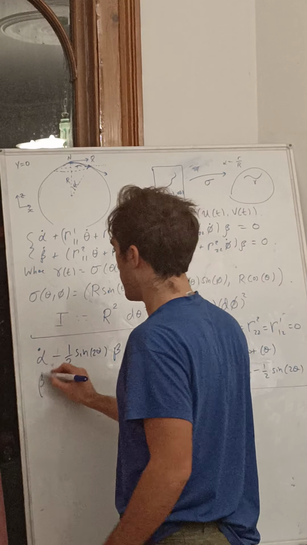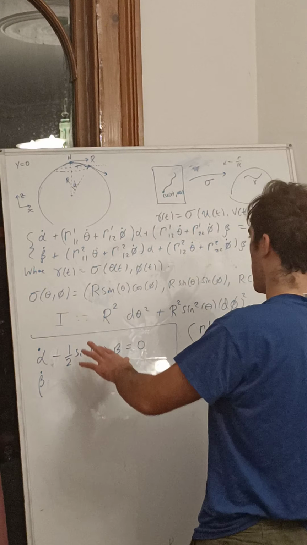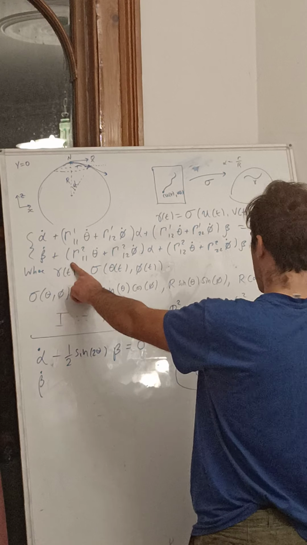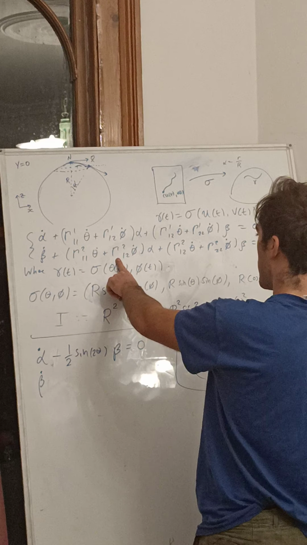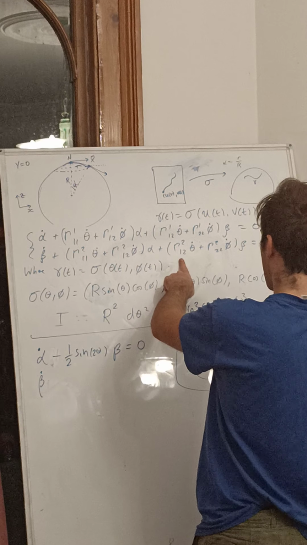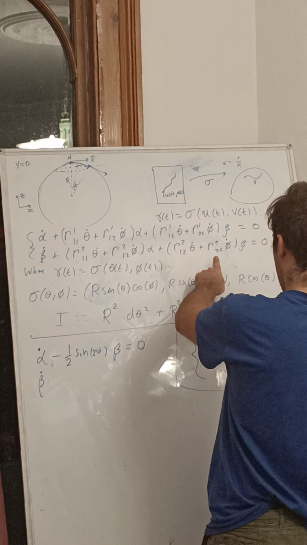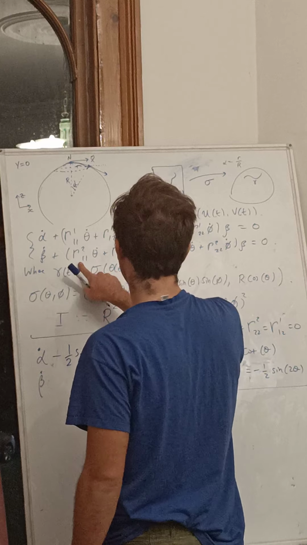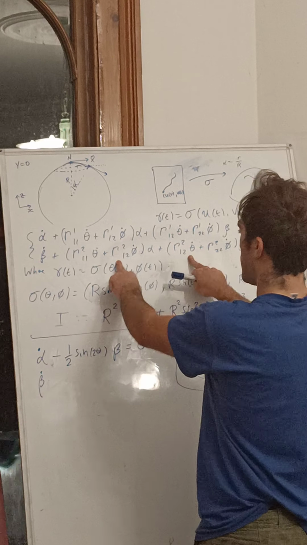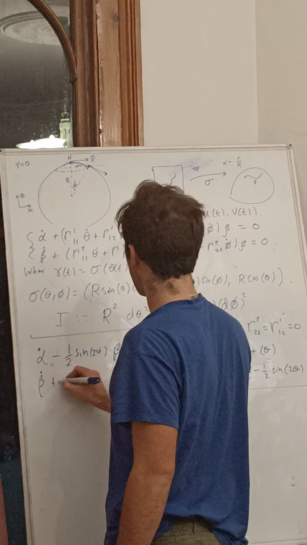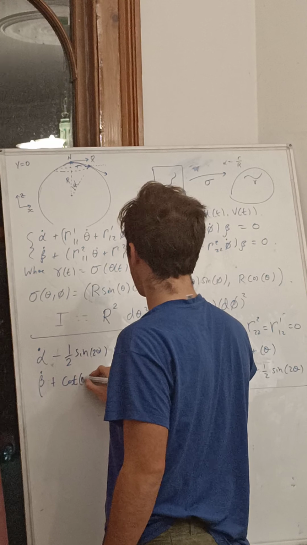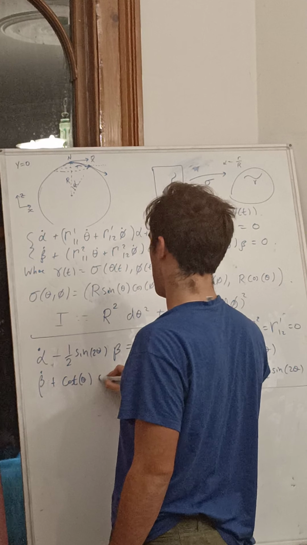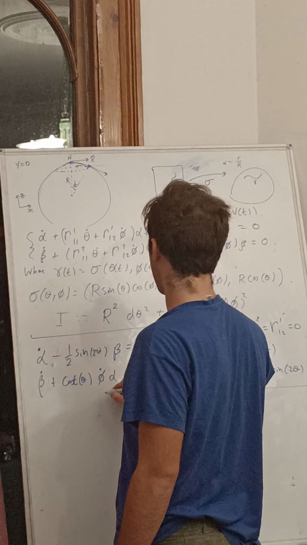For the second, this is 0, this is 0, this is non-zero, non-zero, and 0 again. So cot theta here. So beta dot plus cot theta phi dot alpha.